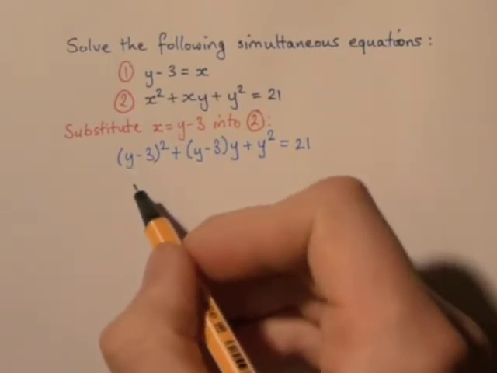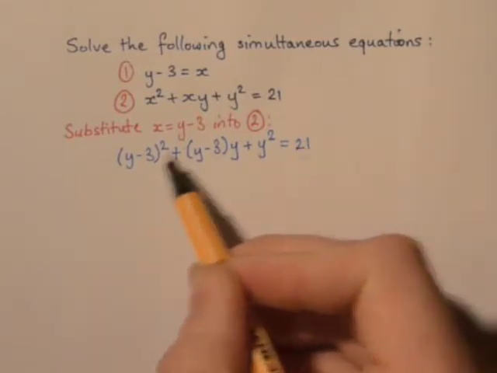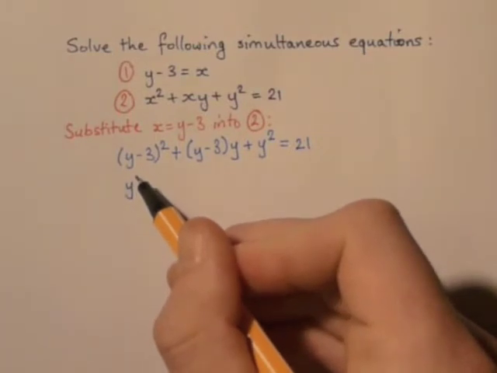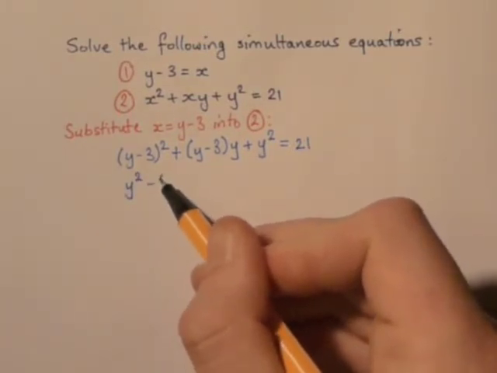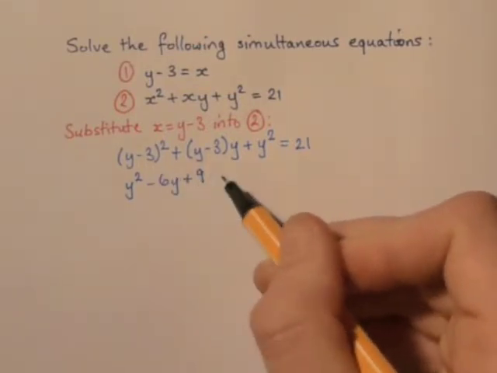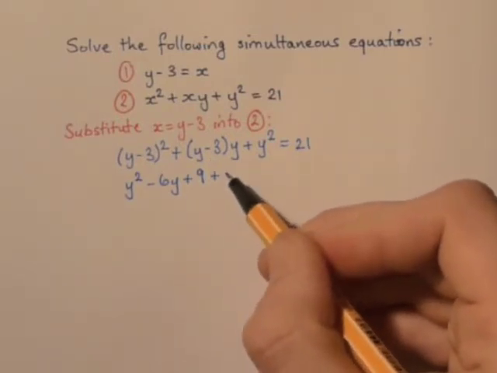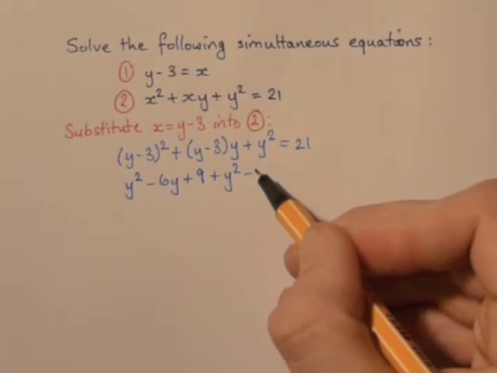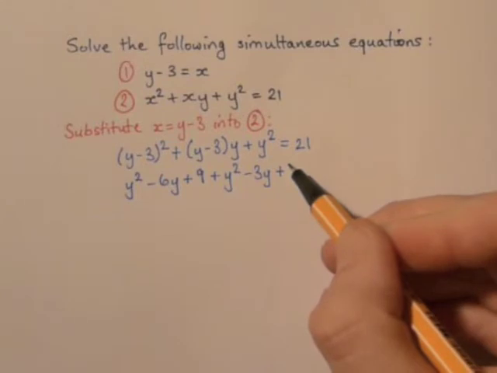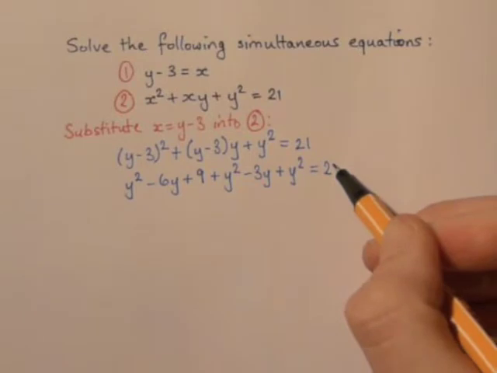So let's tidy this up and solve it, because I've now got one equation with just one unknown in it, which is the y. If I multiply this out, I'll have y squared minus 6y plus 9 from that first quadratic term. Then I'll have plus y squared minus 3y from the second term, and then plus y squared on the end equals 21.